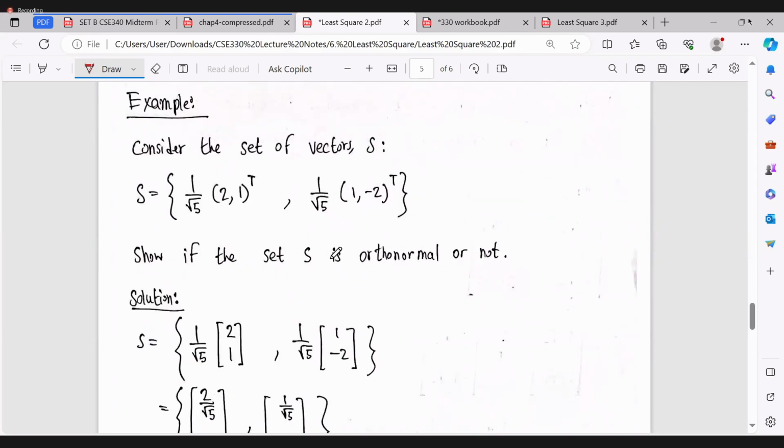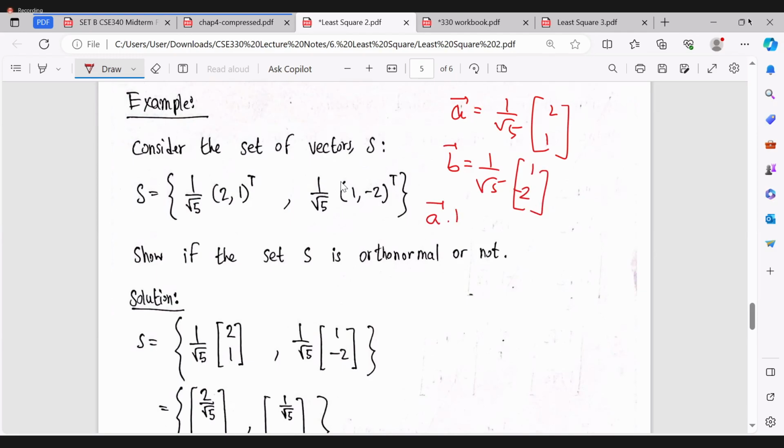So suppose there is a set with two vectors. Let us check whether or not they are orthonormal. Let's say this is your first vector, 1 by root 5, 2, 1, and this is the second vector, 1, minus 2.